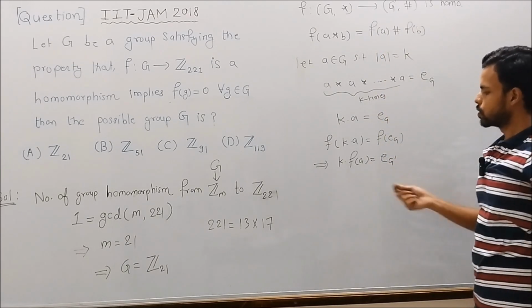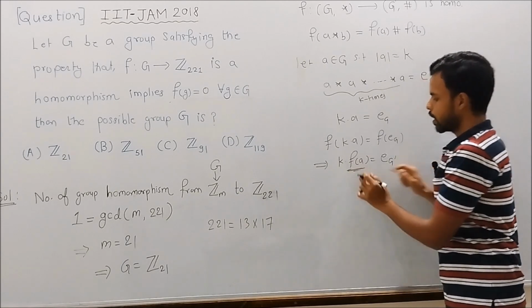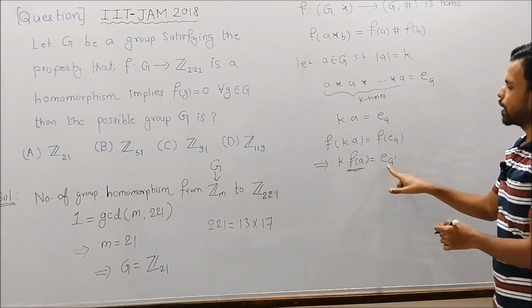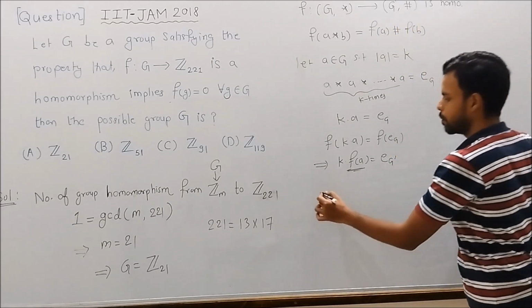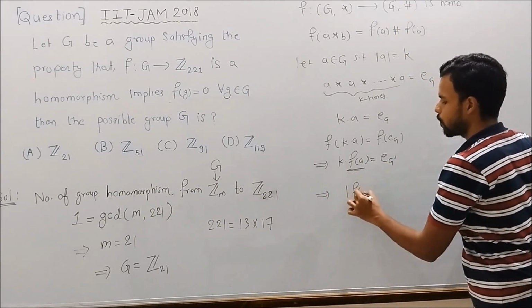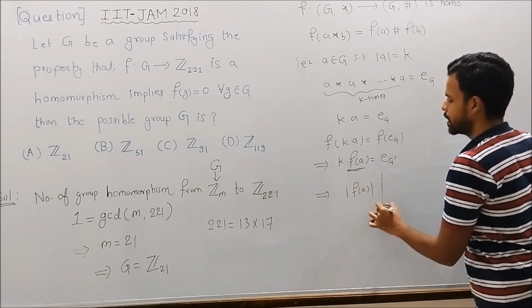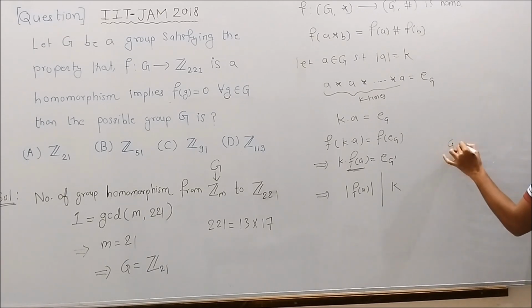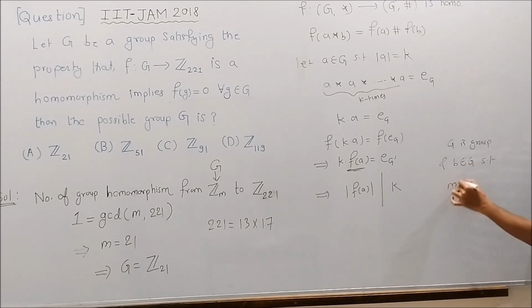So for f of a belonging to G dash, we have k times f of a equals the identity element in G dash. This implies the order of f of a divides k, since we know that if G is a group and b belongs to G such that m times b equals the identity, then the order of b divides m.